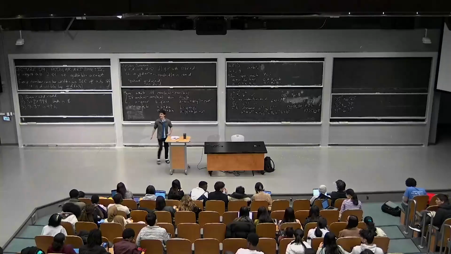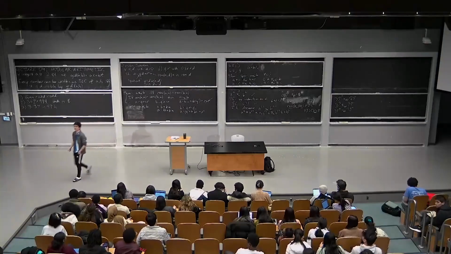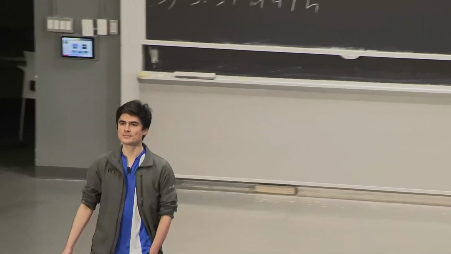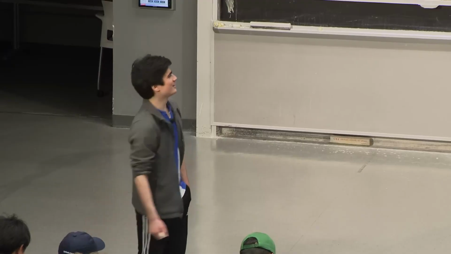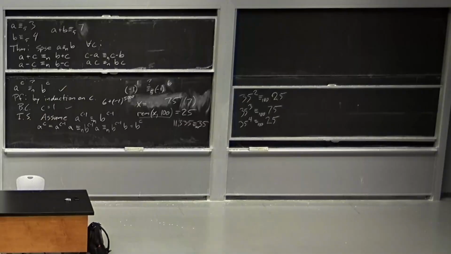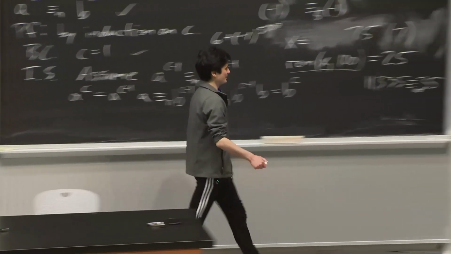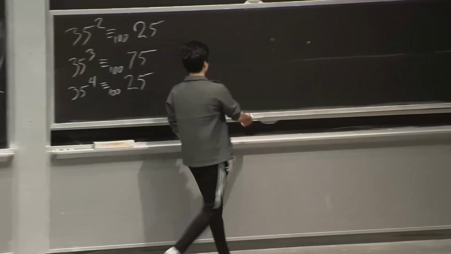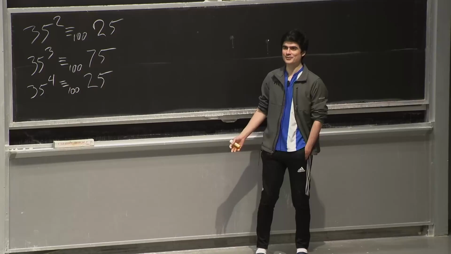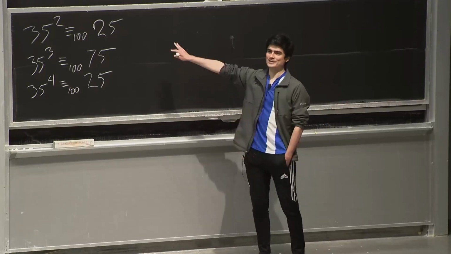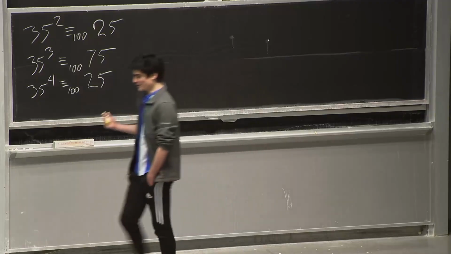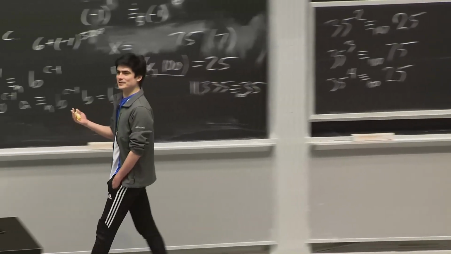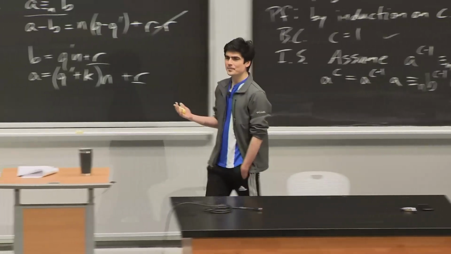Oh, okay. So the question was, is there always going to be a pattern like this? This is touching on stuff that we will see later, but yes, there will always be some pattern. It may not be this easy to find, right? But the basic idea is that there are only 100 different values that it could take modulo 100.